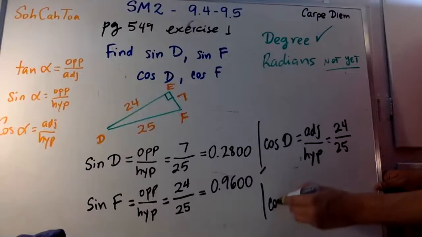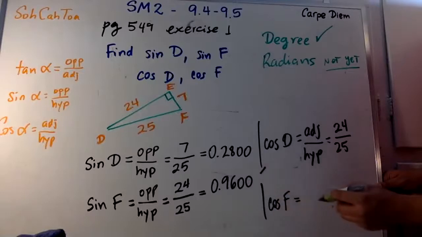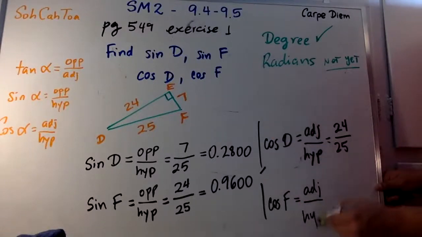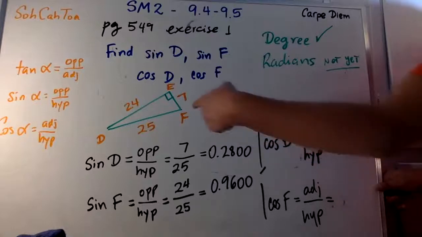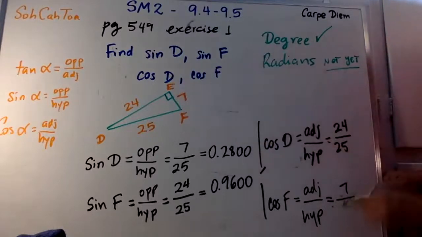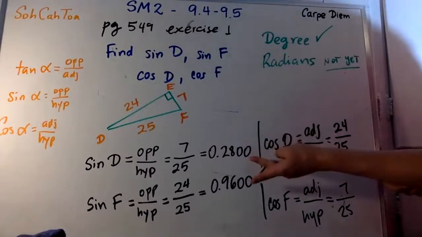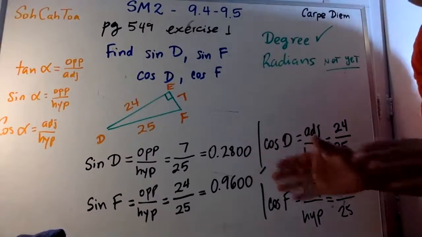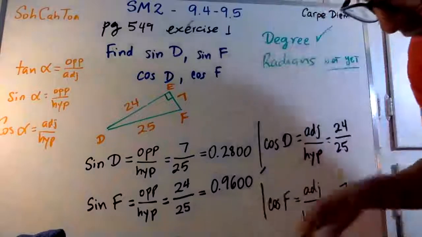Cosine of f is the adjacent of f over the hypotenuse, 7 over 25, which is the same as before but swapped. Good job, Omar.